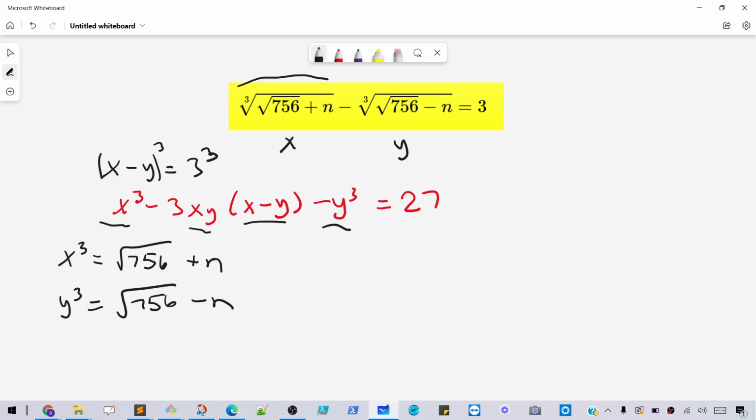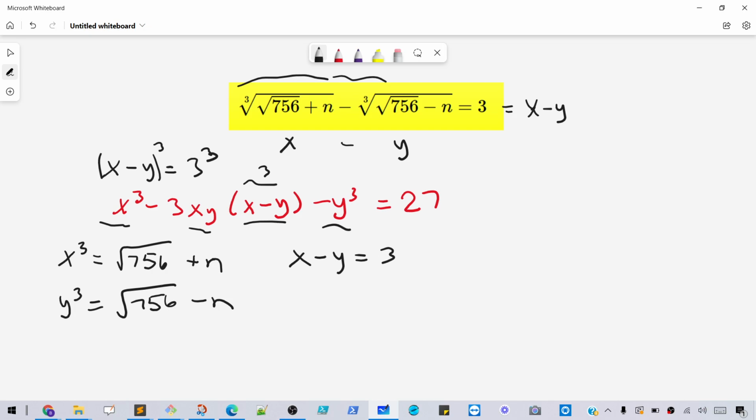Then, looking at the next piece, x minus y, we know x minus y is 3. Let's write that down for later.